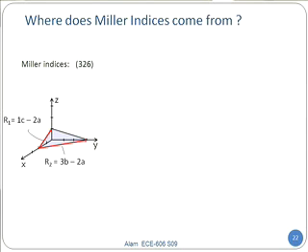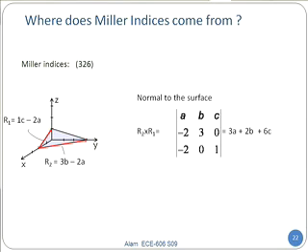R2 is the final point. There are 3 intercepts, then I get a vector perpendicular from R1, and I take a cross product.